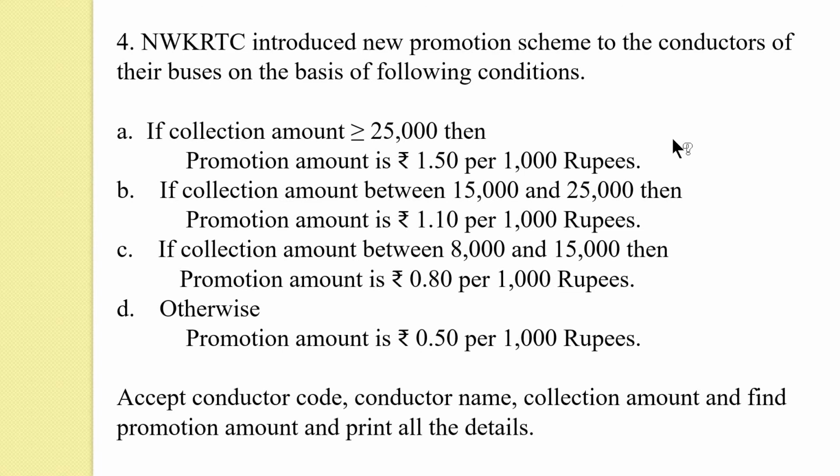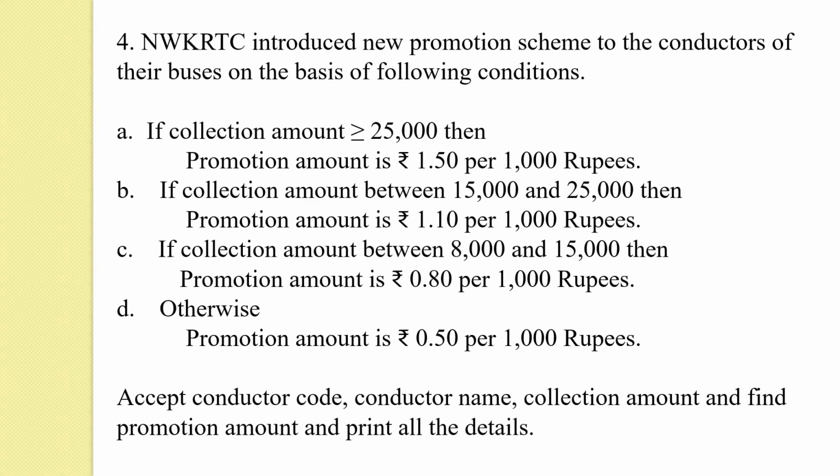Think that, for example, if the collection amount is 30,000, on 30,000 we are not supposed to multiply 1 rupee 50 paisa. That 30,000 has to be divided by 1000 and later that value has to be multiplied with 1 rupee 50 paisa.